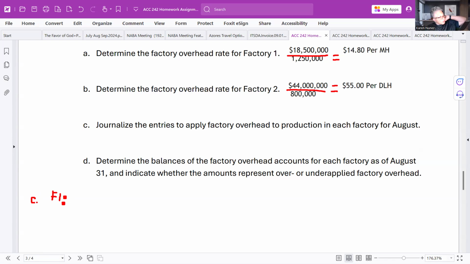And how are we going to apply that overhead? For factory one, we need to apply the overhead based on the actual machine hours times the rate. So we're going to need the actual machine hours times the rate.